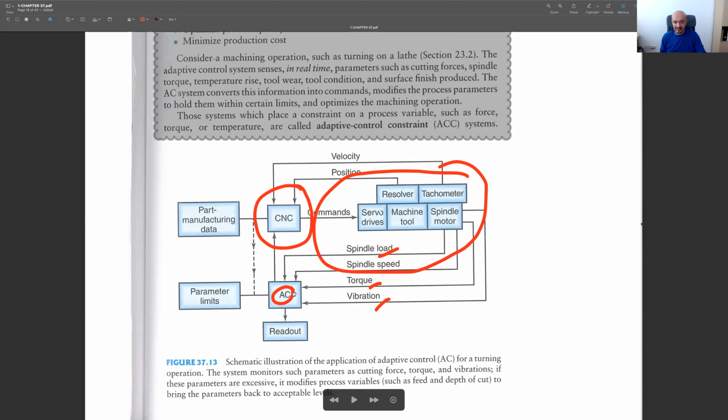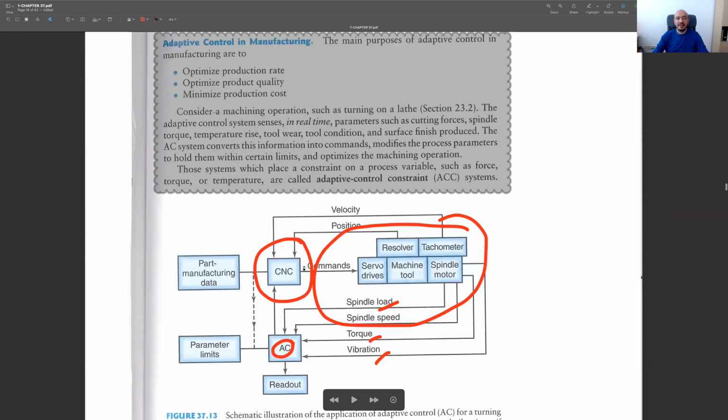It gathers all these data and interprets them, and depending on the results, it warns the CNC controller, the main controller. Then depending on the inputs coming from the adaptive controller, our main CNC controller again transfers specific commands to the subcomponents of the machine. So with the help of this overall approach, we can optimize production rate, quality, and minimize production costs.